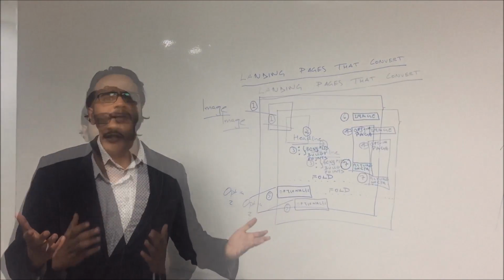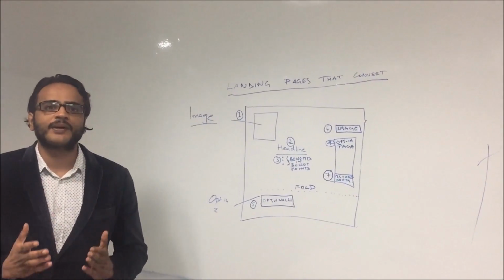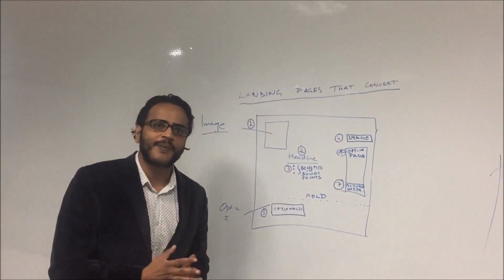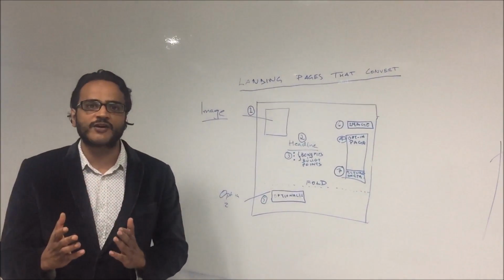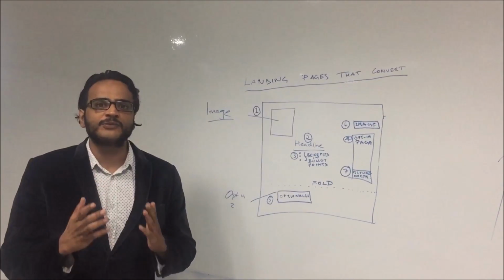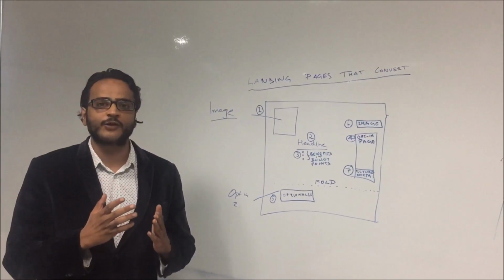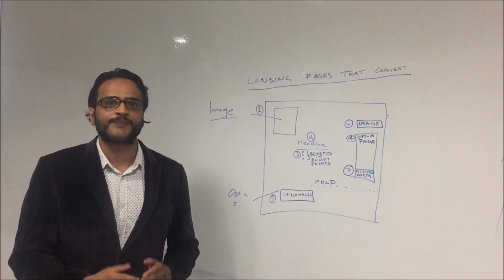What you want your customer to do when he or she lands on your page is to see your offer, which could be a product or a service, and have the maximum chances of converting into buying that actual product or service.